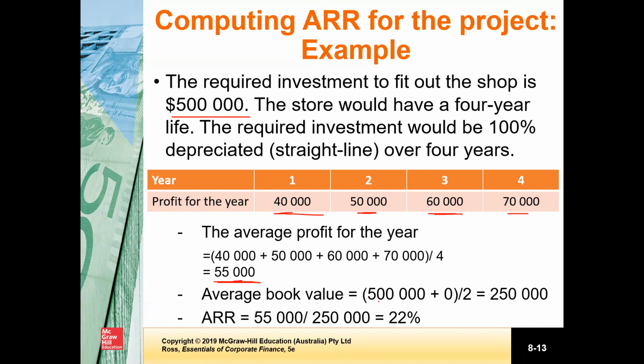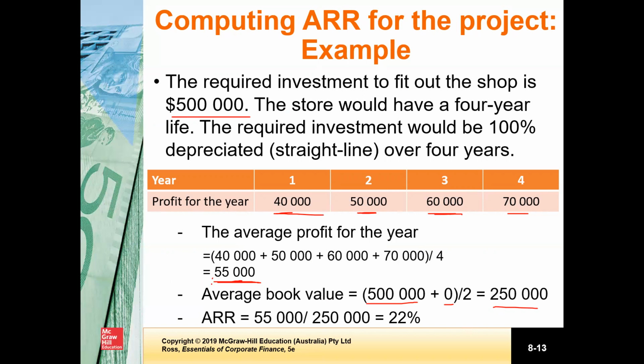Average book value is the beginning book value plus ending book value divided by 2. Now, beginning book value is 500,000 because that's what you are investing now, and it will be completely depreciated over the project period. So at the end of year 4, the book value of the project will be 0. So beginning book value plus ending book value divided by 2 is the average book value, right?